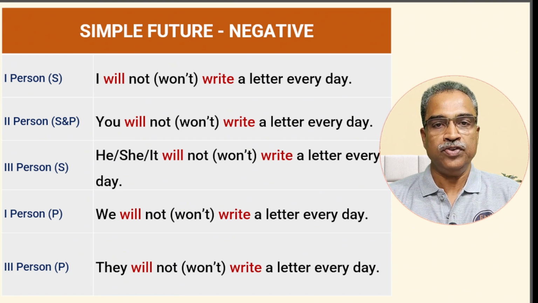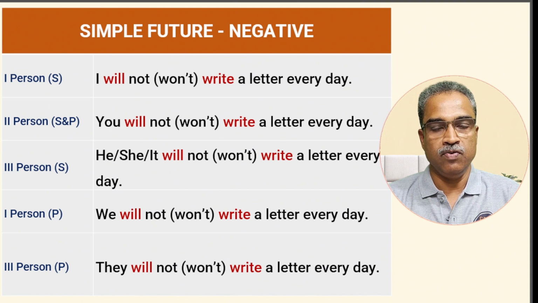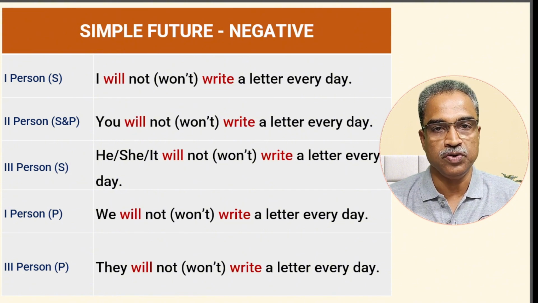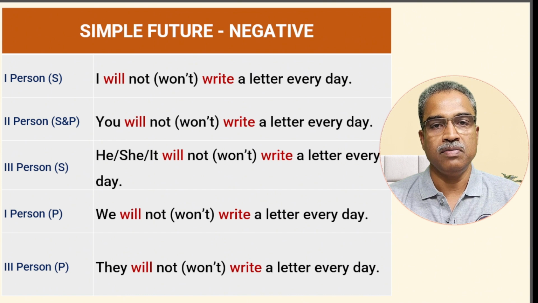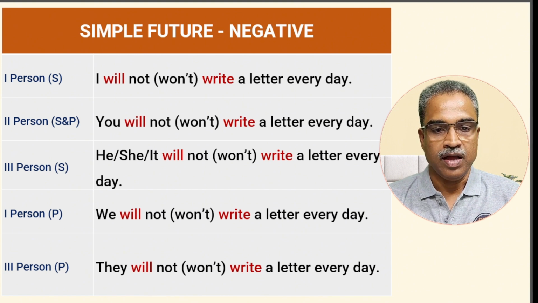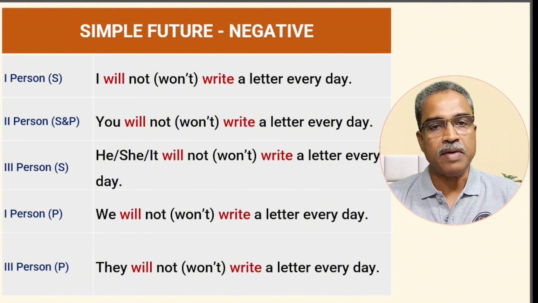So after this modal auxiliary verb will, we need to use the root form, the present form of the verb that you want to use. Of course, in our example, this verb is write. You could change this to create different meanings by replacing this verb with any other verb. So this is how simple future, affirmative and negative statements are made.